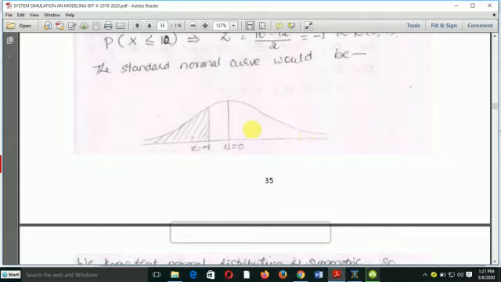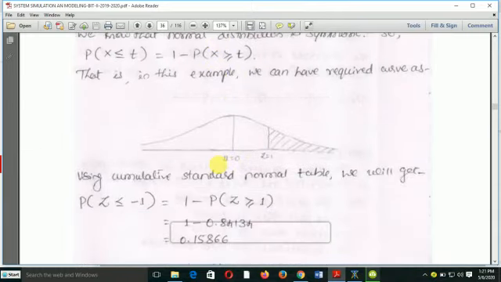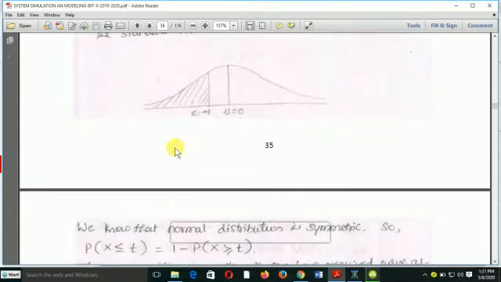This one is in positivity, here in negativity. So we are going to have the same part. As we have symmetry, this part and this one will be equal. When they are equal, this can help us find the one part. If we have this part, we can calculate this one, no problem.